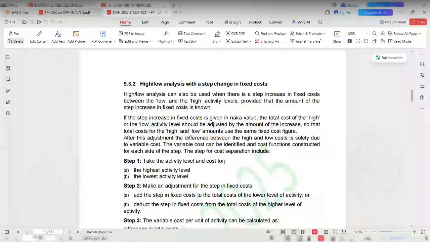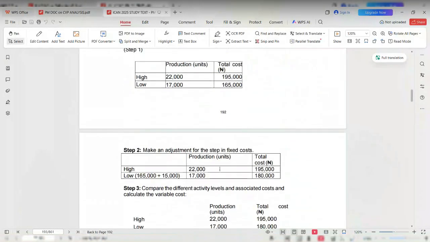If you check that question, they said that if they produce greater than 19,000, they will incur an additional cost of 15,000 naira. Then we now see that this chart says the highest is now 22,000.